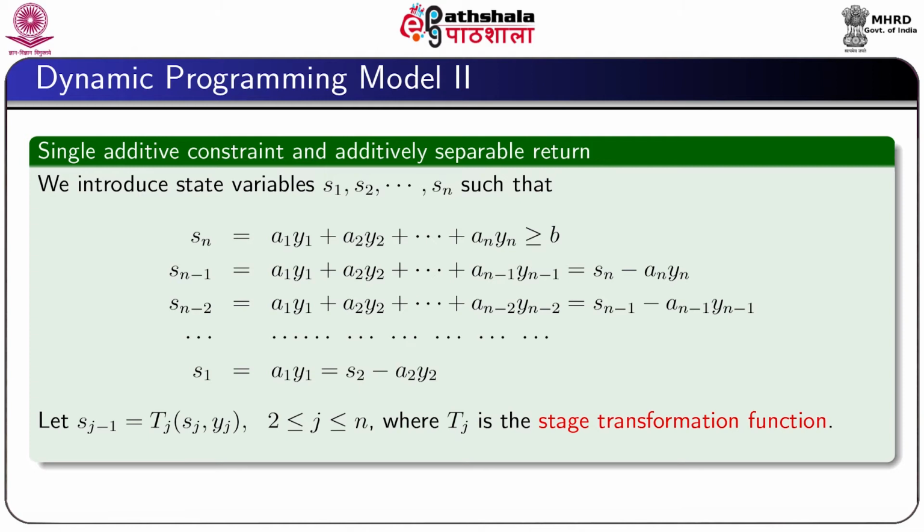Let sj minus 1 equal to Tj(sj, yj), where j takes values between 2 and n, both inclusive. Then Tj can be termed as the stage transformation function, and it indicates that each state variable is a function of the next state and decision variables.